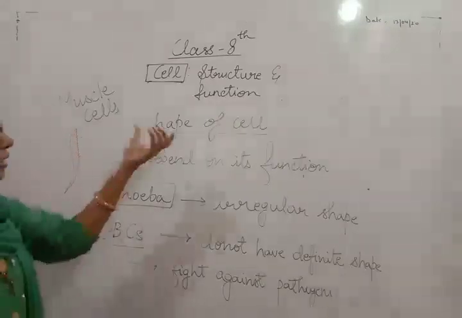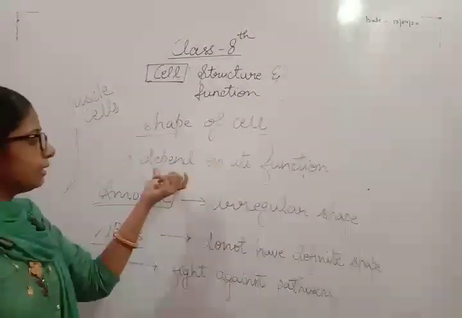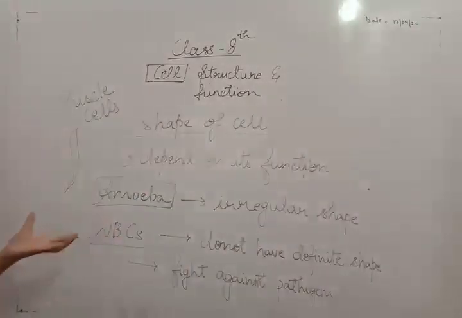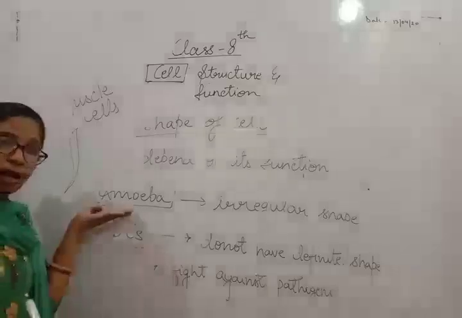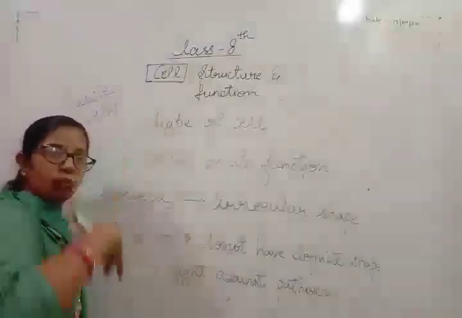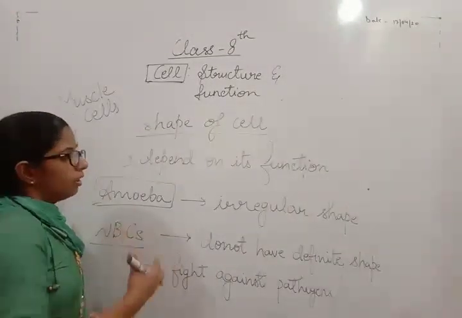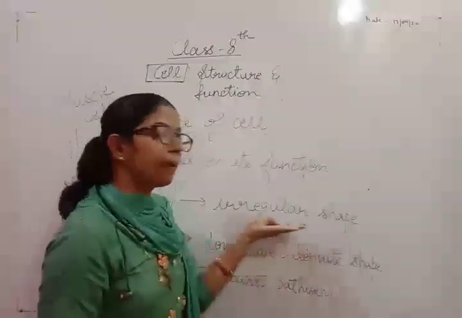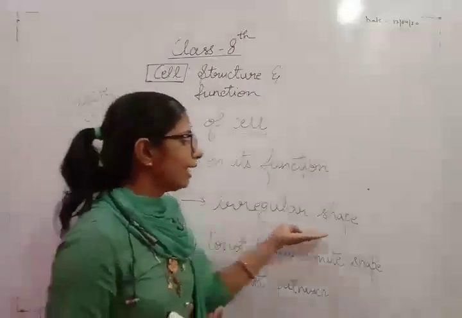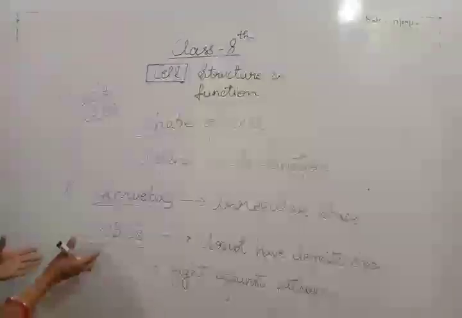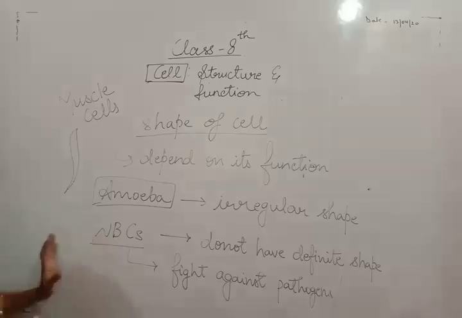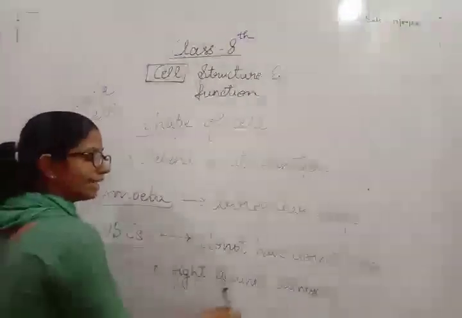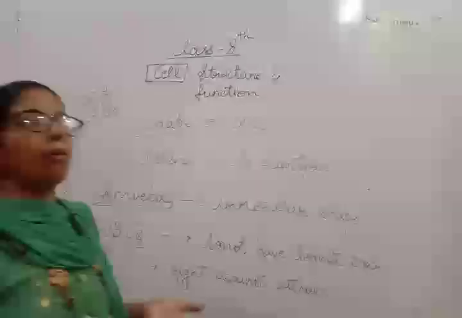So basically the shape of a cell depends on its function, what function it is going to perform. So amoeba is going to take its food with the help of pseudopodia, so it does not have a particular shape. It has irregular shape. Similarly, WBCs also do not have definite shape. They help us fight against pathogens which enter our body.